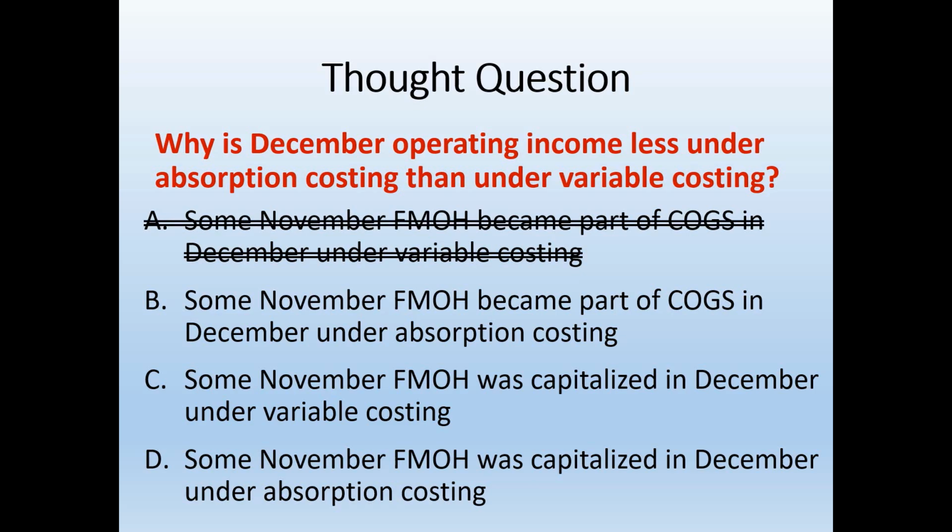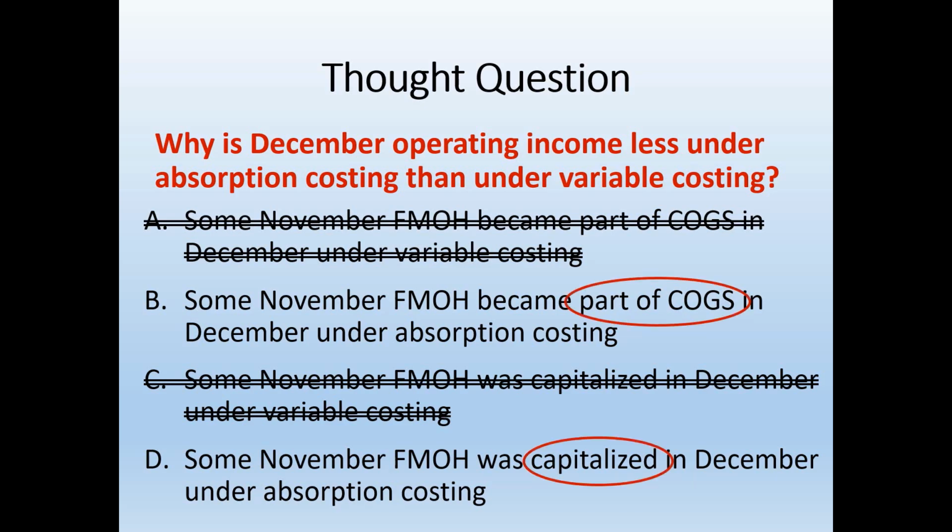Variable costing recognized 100% of November's fixed overhead in November and recognized 100% of December's fixed overhead in December. Answer C can't be right either, because variable costing never capitalizes fixed overhead. It treats it as a period cost.